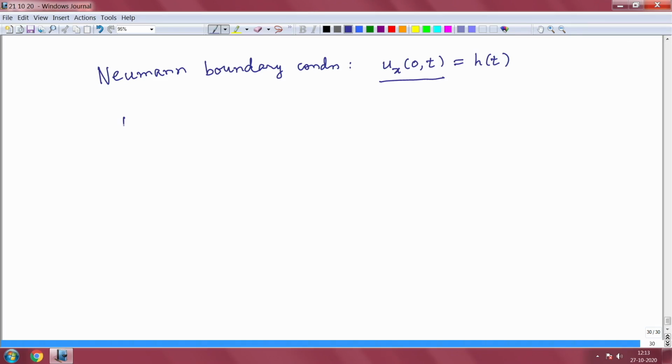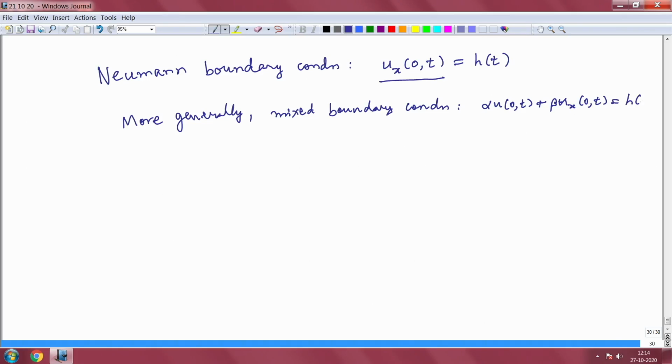And more generally we can also give a mixed boundary condition: alpha u 0 t plus beta u x 0 t equal to h t.